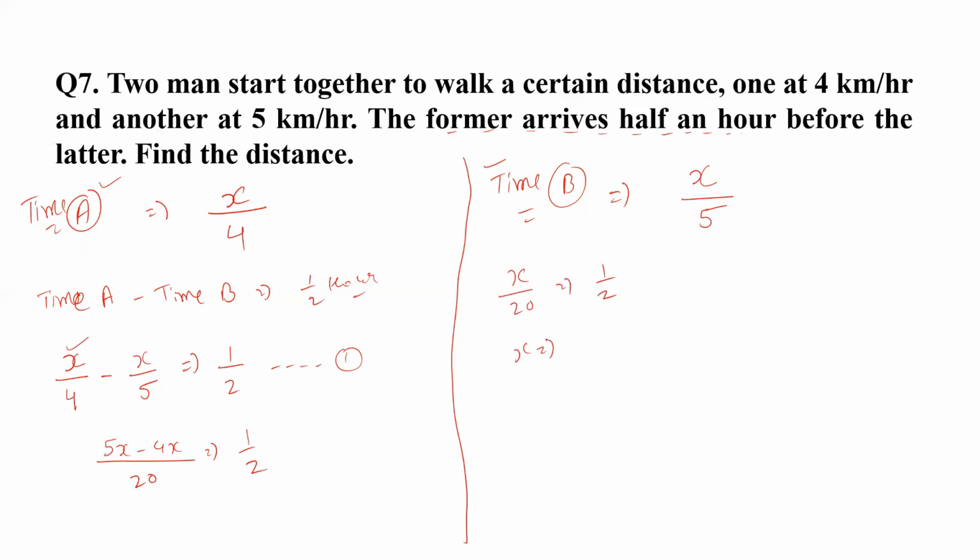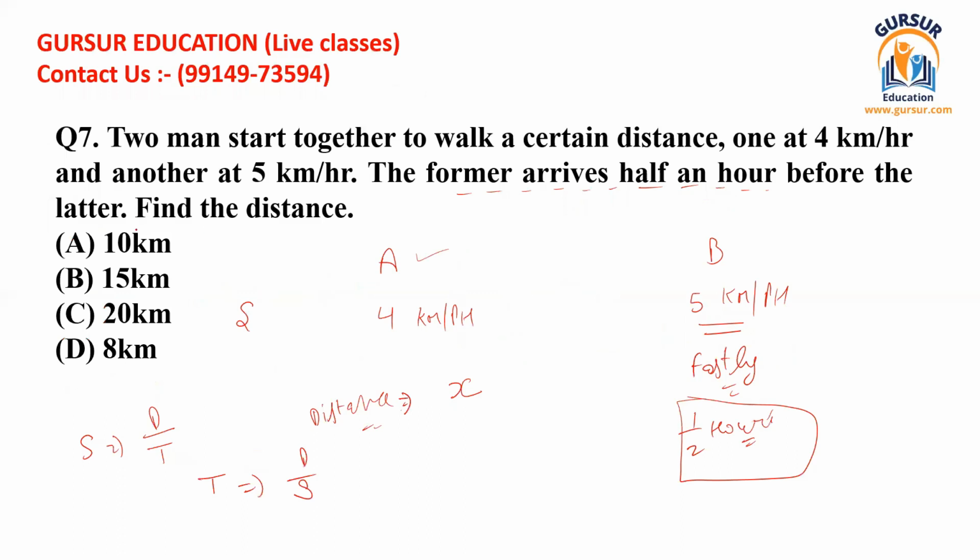If you take that 20 to the right-hand side, it becomes the numerator, and when you divide 20 by 2, you get 10. This is the actual distance, 10 kilometers, because we had assumed the distance to be x. So 10 kilometers is the right answer to this question, and this has been given in option A.